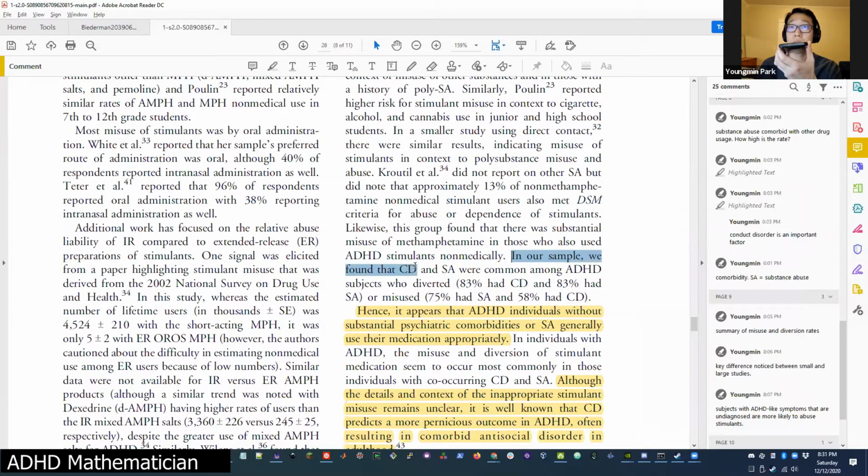In our sample, we found that conduct disorder and stimulant abuse were common among ADHD subjects who diverted. If they diverted, 83% of them had conduct disorder and 83% of them had substance abuse disorder. And if they misused, then 75% of them had substance abuse disorder and 58% had conduct disorder.